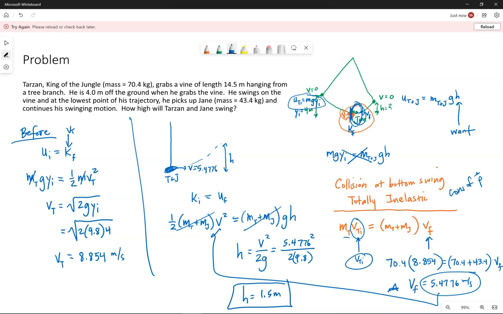Whereas for conservation of energy, we would perhaps need to know the thermal energy generated, which we wouldn't know from the information given in this problem. So energy and momentum can both be used, but we have to be careful in terms of when we are using them.